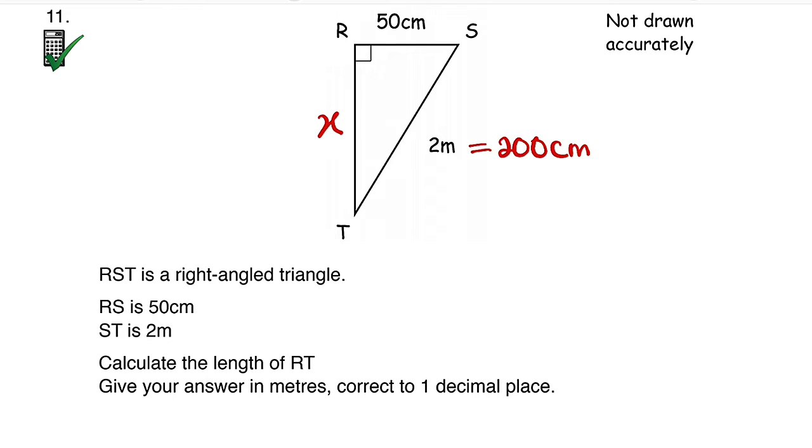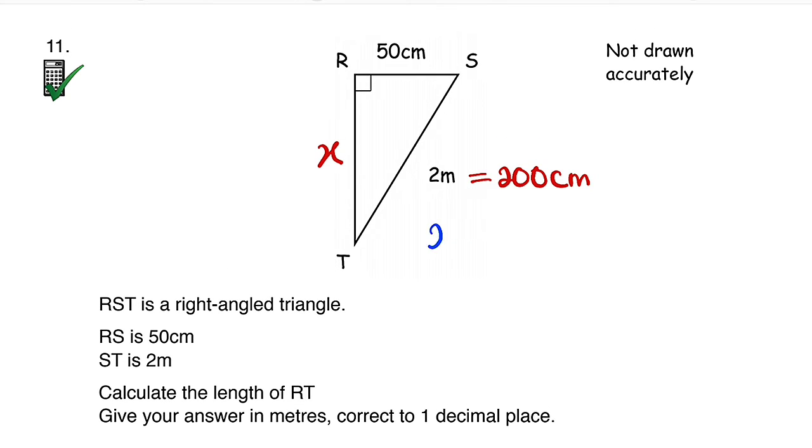And we actually leave the answer correct to 1 decimal place. So let's get started. This is 200 squared. You can directly bring 50 inside, 50 squared, and this is equal to x squared. So we make x squared the subject directly.